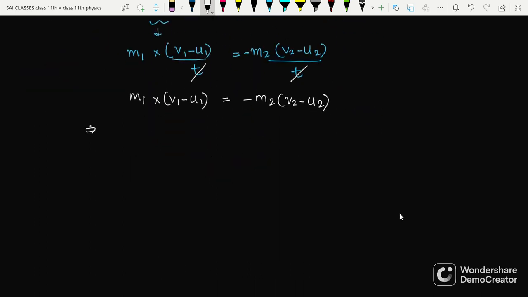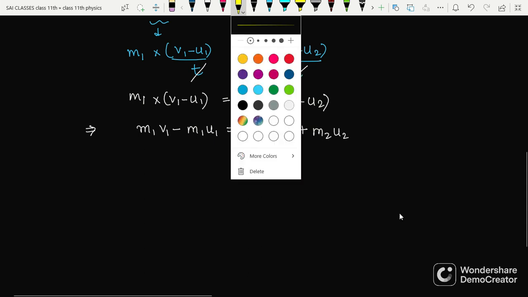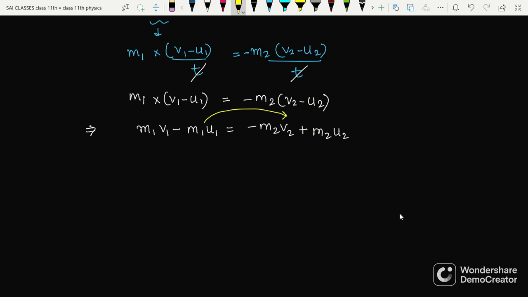In the next line, m1 v1 minus m1 u1 equals minus m2 v2 plus m2 u2. Now taking these terms across, we get m1 v1 plus m2 v2 equals m1 u1 plus m2 u2.